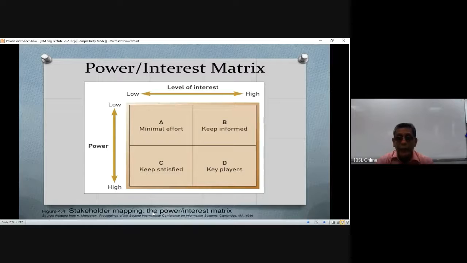Then key players, where your power is high and your interest is also high. Those are the most influential in your strategic planning process.